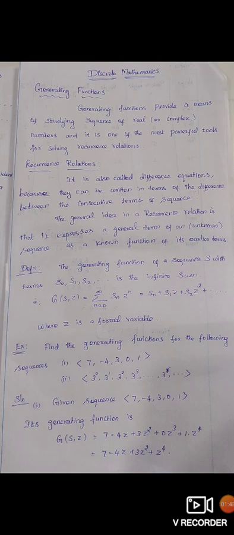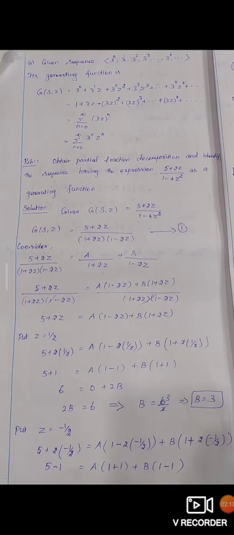Its generating function is g(s, z) = 7 - 4z + 3z^2 + 0 into z^3 + 1 into z^4. You have to write the next step: 7 - 4z + 3z^2, 0 into any term is 0, so you neglect that, 1 into z^4 we get z^4. This is our generating function for the first sequence.